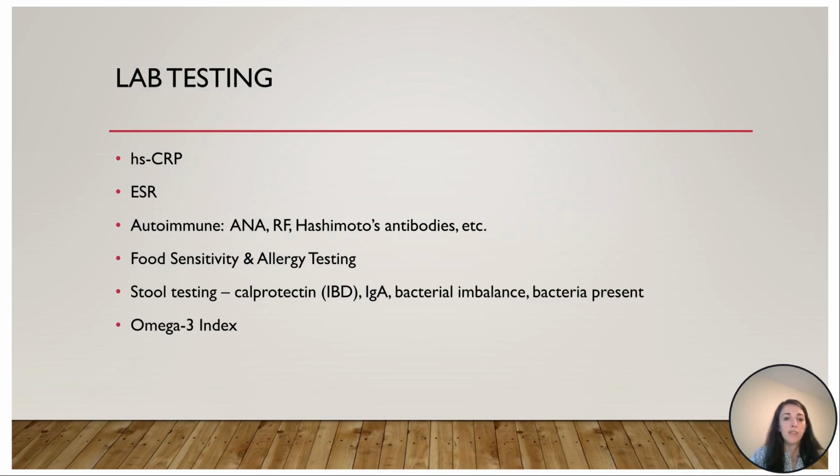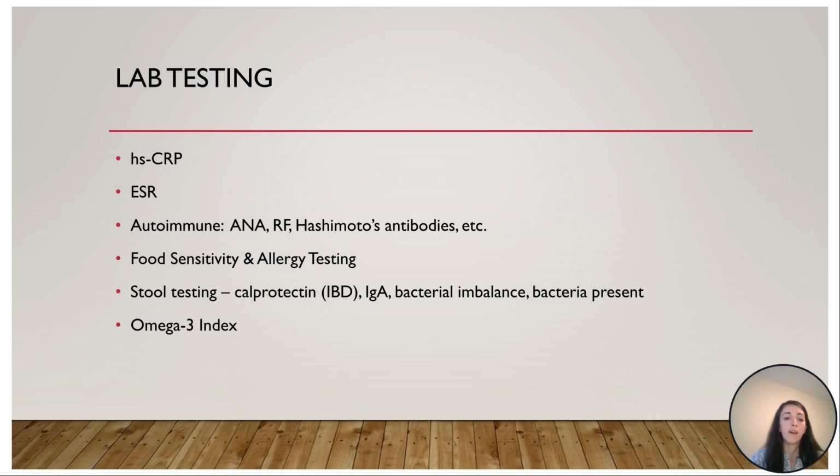So lab testing, of course, hsCRP. That's probably the most common way that we are going to test for inflammation in the office. A SED rate, or the ESR, is probably the second most common, but it's a little more specific to infections or some autoimmune conditions you can see a high SED rate in, but it's a little less frequently tested.